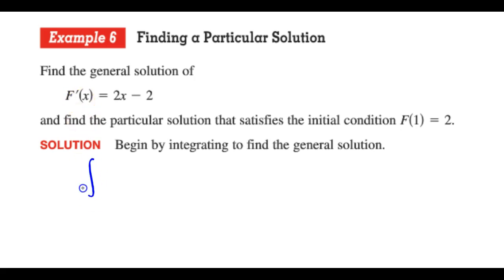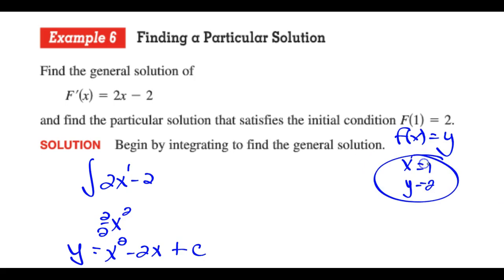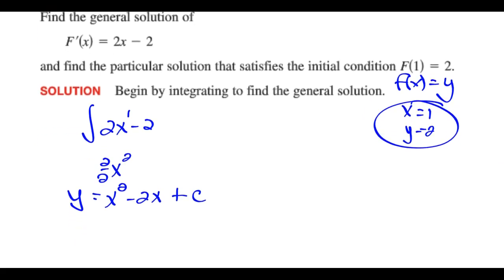So here we're going to integrate 2x minus 2 and get, since this is a 1, and divide by it. Well, I'll write it 2 divided by 2, which is just x squared minus 2x plus c, and there's the y value. So they're saying f of x equals y, so x equals 1, y equals 2, and I'm going to plug that in right here.